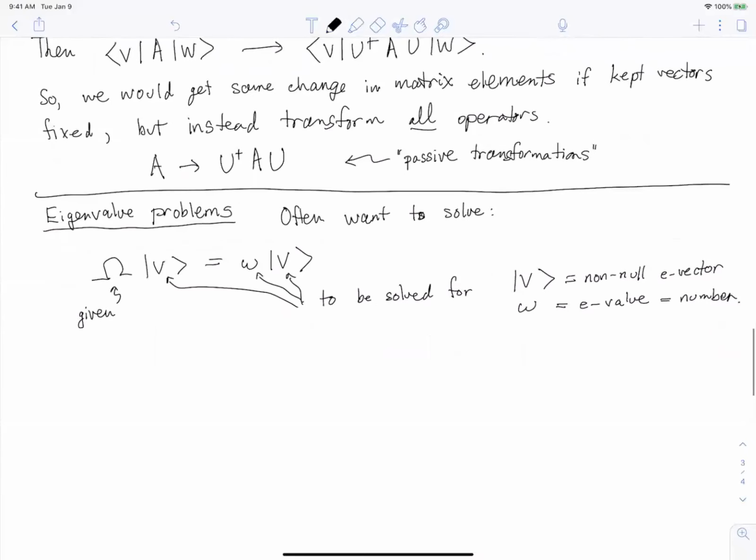Okay, so we'll do an example of solving this in a bit, but first let's just rewrite it slightly. I can just move the right-hand side to the left-hand side and write it as capital omega the operator minus little omega the number times the identity operator, acting on v is equal to 0, which I remember is actually the null ket.